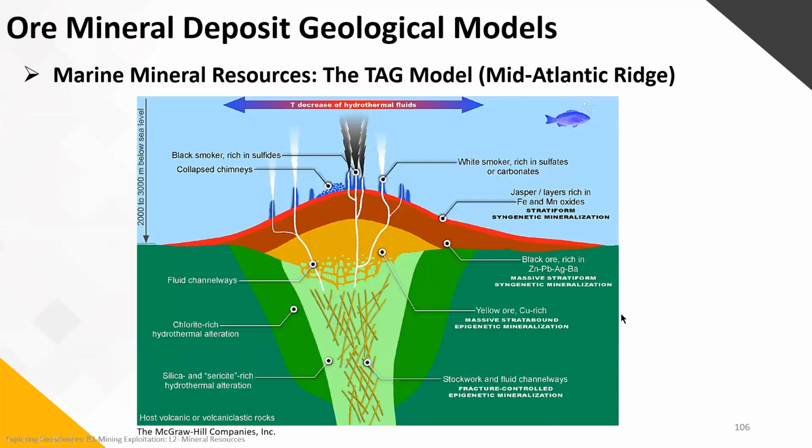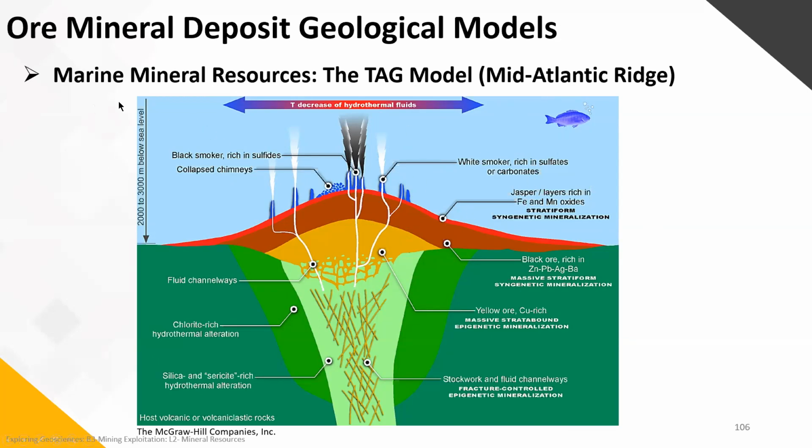As with the VMS, the TAG model is the same, with the exception of the vents as we see here, with the black smokers, which are rich in sulfides, and with these collapsed chimneys. The black smokers are vents that regularly push out all this material rich in metals, and if it is able to be trapped somewhere, it will form a mineral deposit.